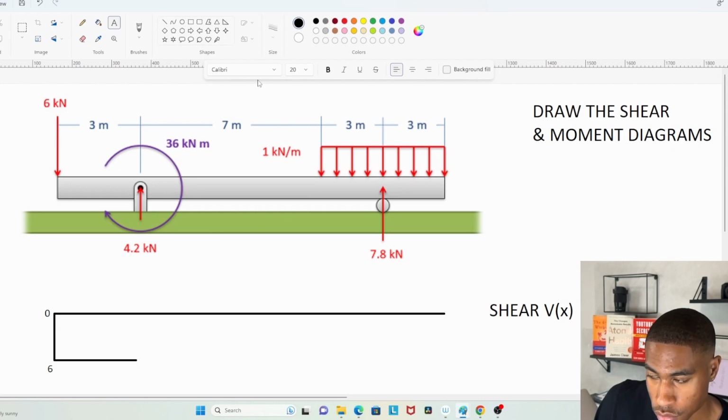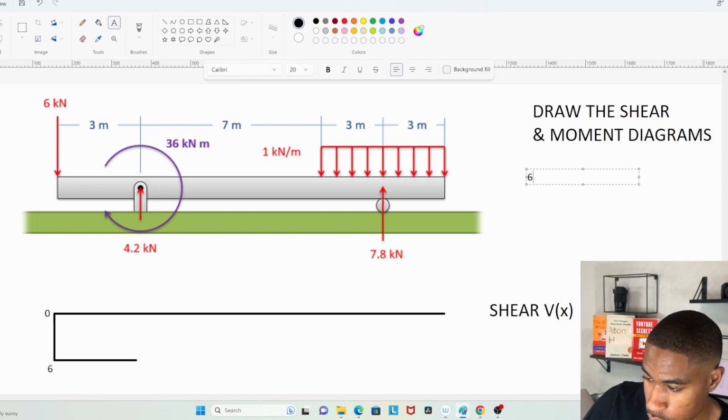So this is a negative 6 kilonewtons, right, plus 4.2 kilonewtons.